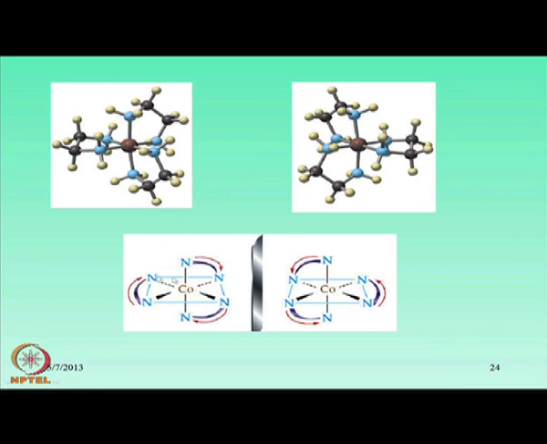So, we get this molecule on the left and its mirror image on the right. Moving from top to bottom of the triangular face, one is in the clockwise direction and the other is in the anti-clockwise direction.